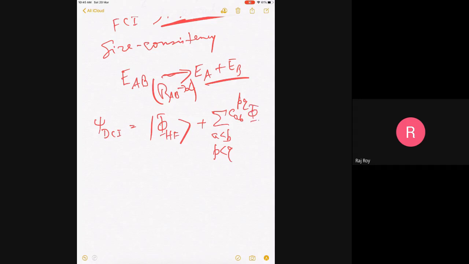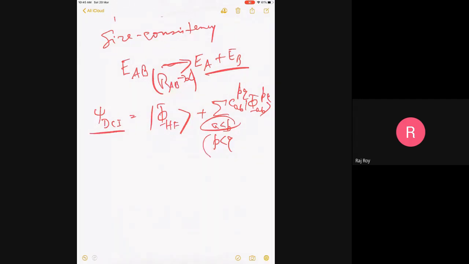I hope you understand the difference from what I was doing. In the earlier case, there were only 4 electrons, 2 orbitals. But now it is more general. A, B are occupied, so it's an n electron problem, first of all. And there are many virtual orbitals. So I'm writing a more general form. Is it clear?